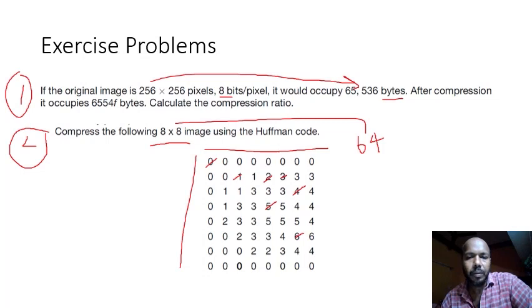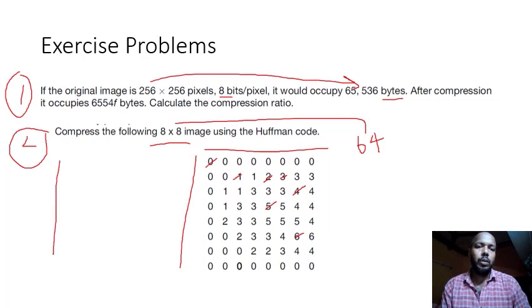We have to measure the occurrences of zeros, how many times 0 repeats, and 1s, 2, 3, 4, 5, 6. If we calculate, we can get the probability values. So the number of symbols is 7.